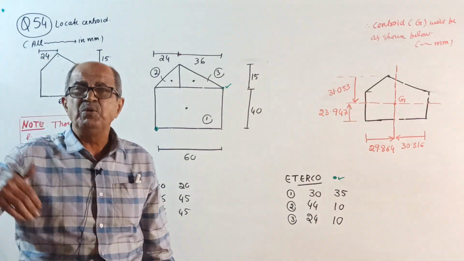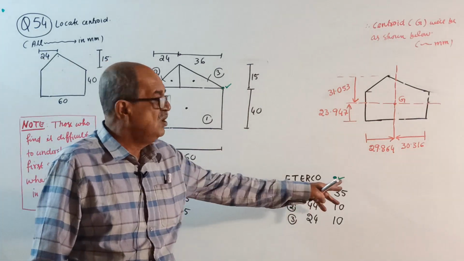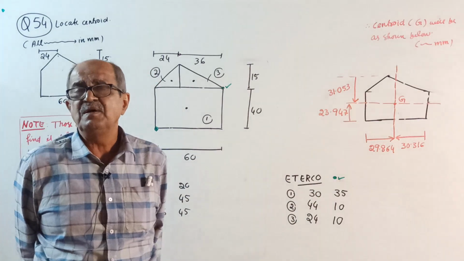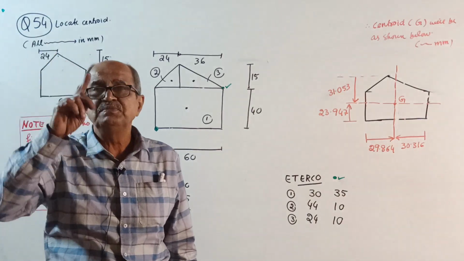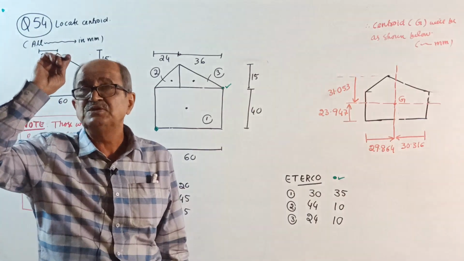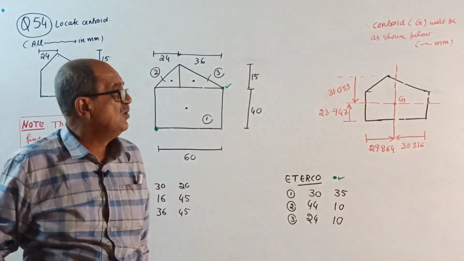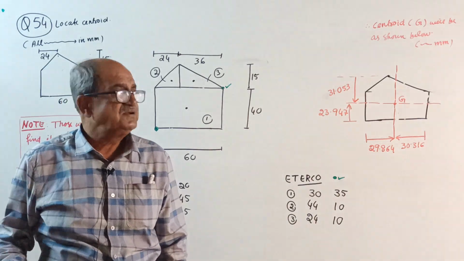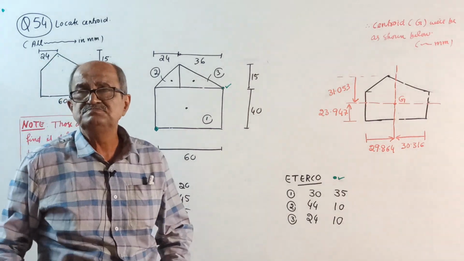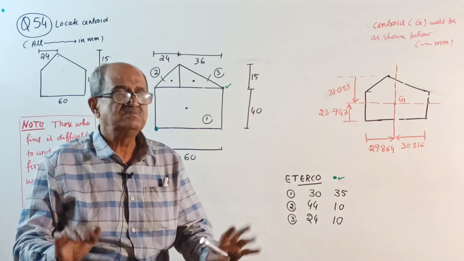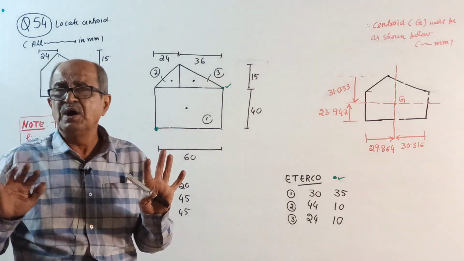You suddenly came to a class, maybe you saw it here, and want to see how the class is taken. My class is not for you. Start from the first class of the engineering mechanics course, right from there, today's class is around 180 like that. Systematically, or at least start from the first class of the centroid. Then understand. That's all. As I told, my class is only for those who are serious.